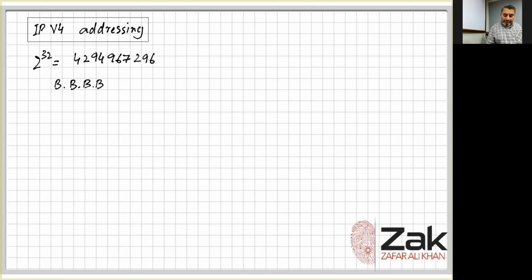And 1 byte can accommodate, we know, from 0 to 255. So let's say an example would be 254.0.128.77. This is a legitimate IP address.